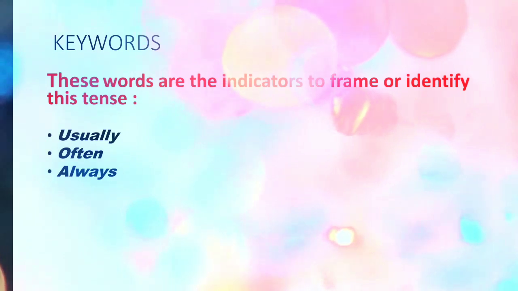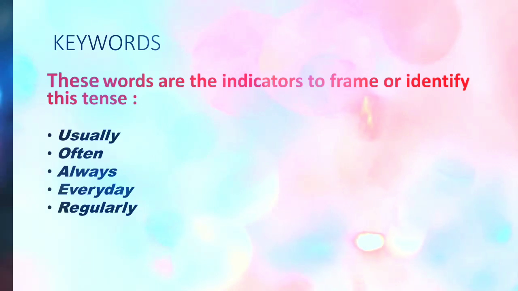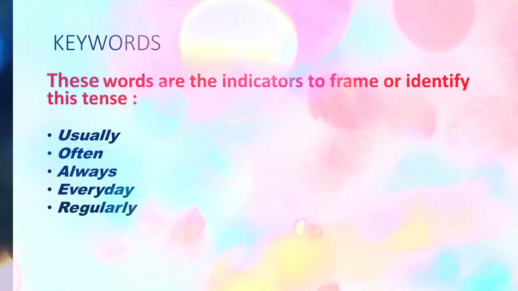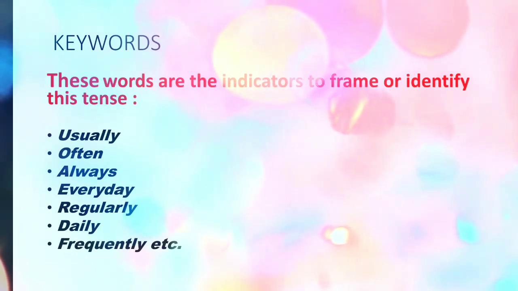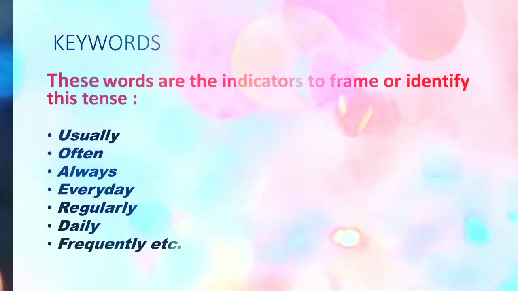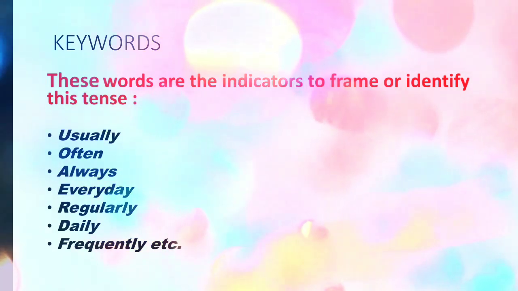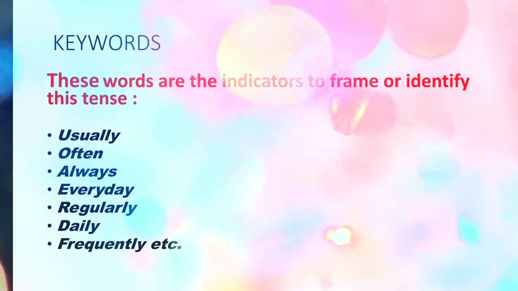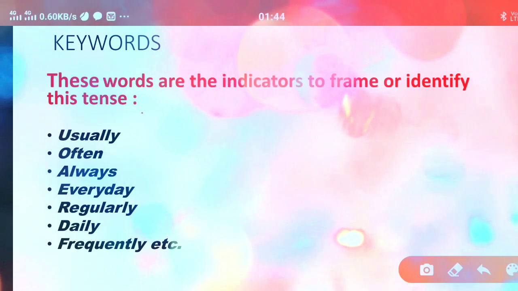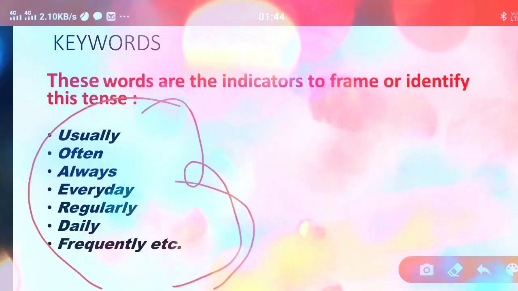Always means hamesha. Everyday means pratidin. Regularly means लगातार. Daily means रोज. Frequently means बार बार, meaning a frequent or scheduled task or event. That's why these are some keywords to identify or to frame sentences of this tense.